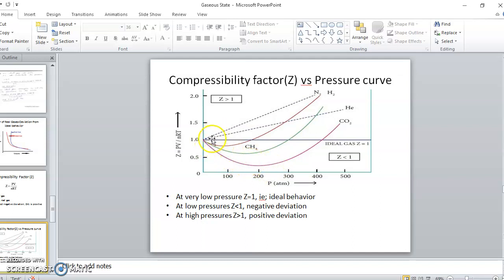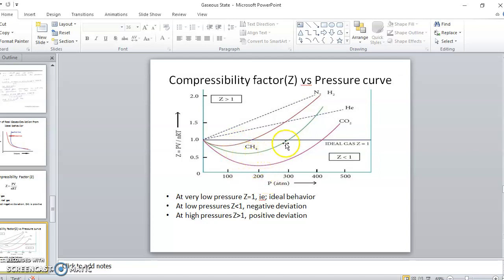Whatever the gas may be, you can see the curves start with the value of Z equal to 1. So Z equals 1 at very low pressures. Then as the pressure increases, what happens? Most of the gases show negative deviation. So here you can see negative deviation.